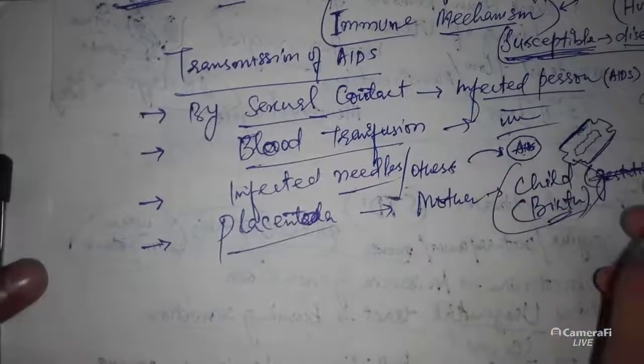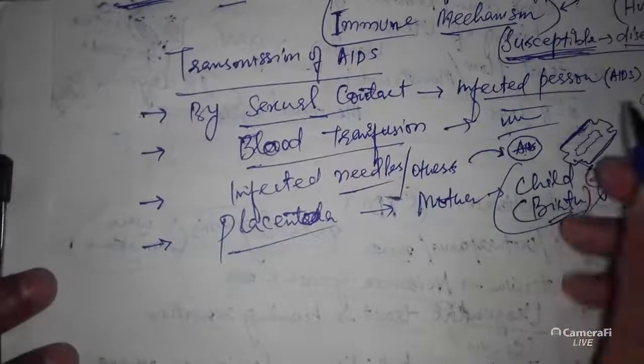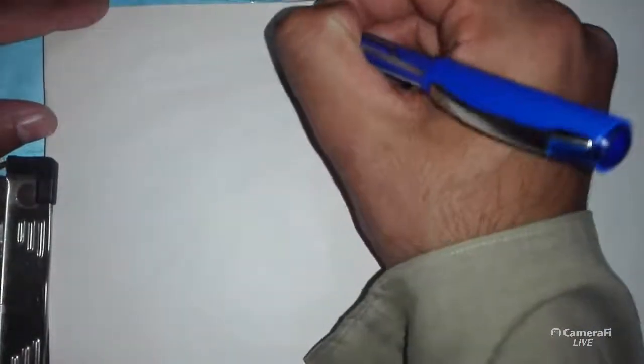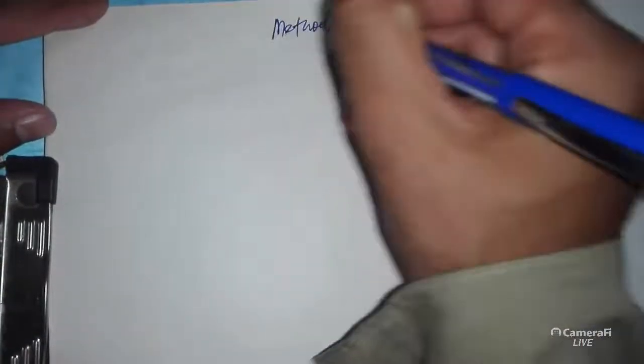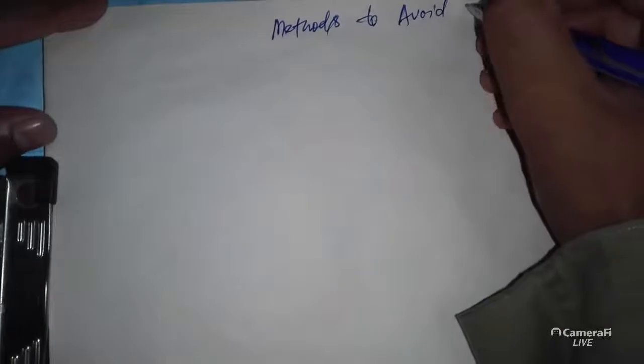So that was all about this, and now let us move to the next part of our today's session. In the next part we are going to see the methods to avoid unwanted pregnancy.